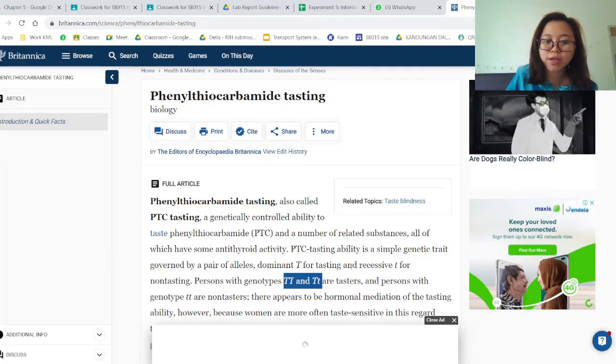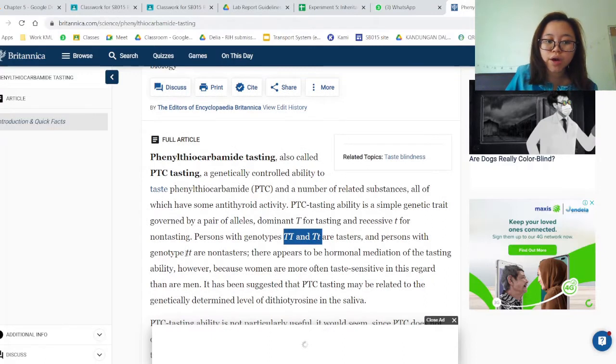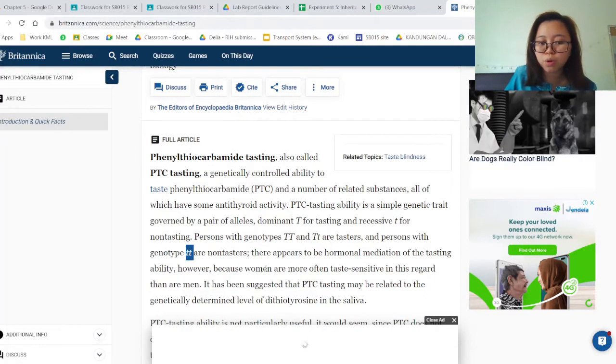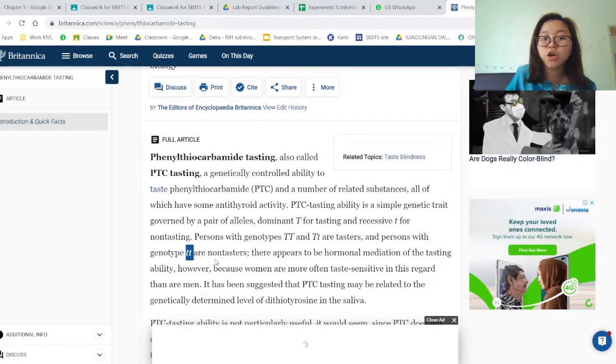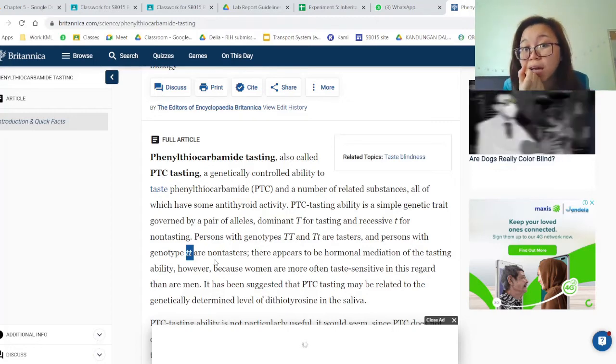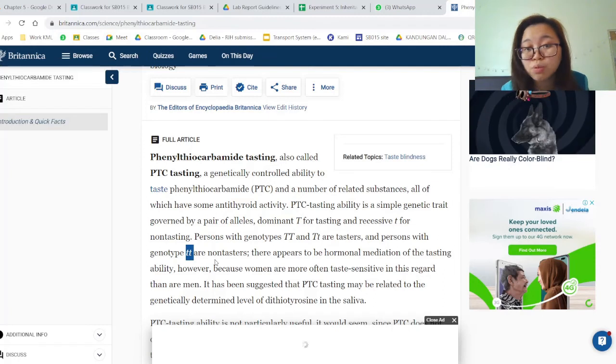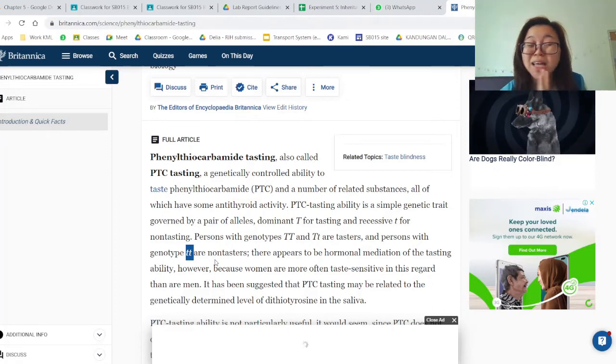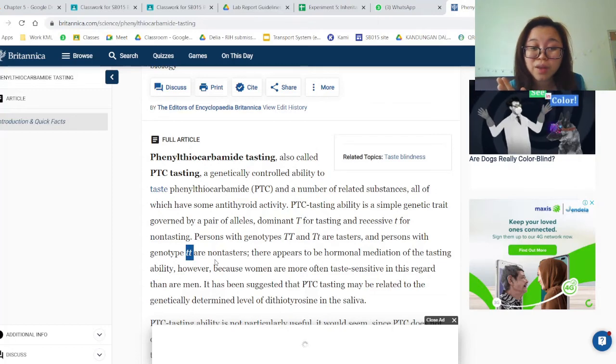Kalau kamu tiada dominant allele dia, if you have the genotype small t, homozygous recessive, you will be non-taster. That means kamu jilat benda yang ada PTC itu berapa banyak kali pun, kamu tidak akan rasa PTC. For people who have the dominant allele, you are tasters, and if you taste it, it will taste bitter. Non-tasters, if you taste PTC, you don't taste anything at all.